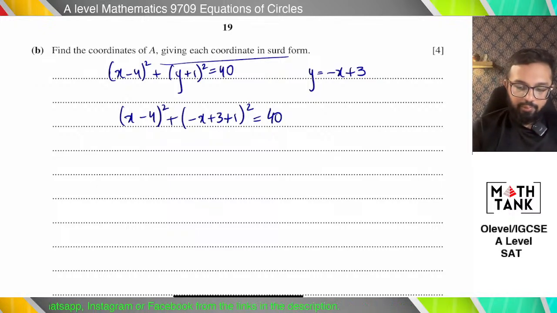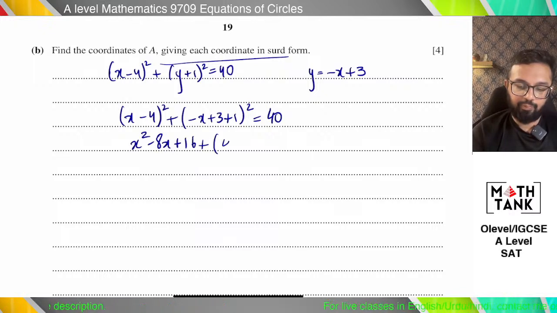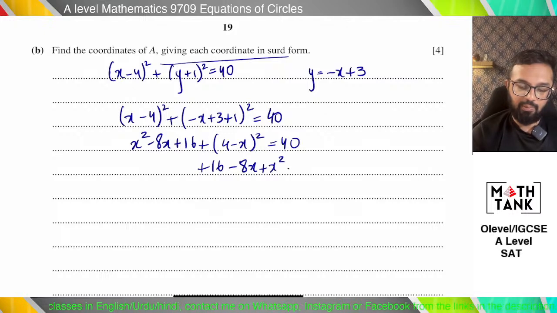Okay, x squared minus 8x plus 16, plus 16 minus 8x plus x squared equals 40. Plus 32 minus 40, so minus 8.